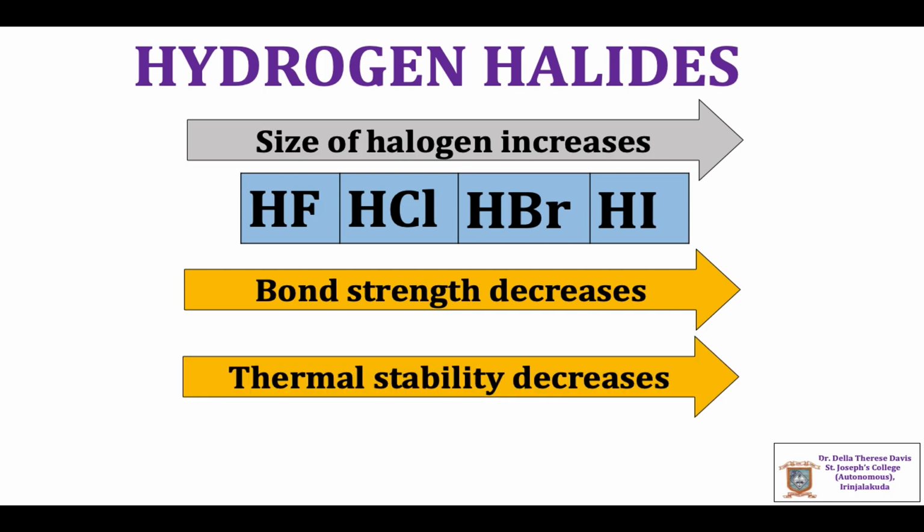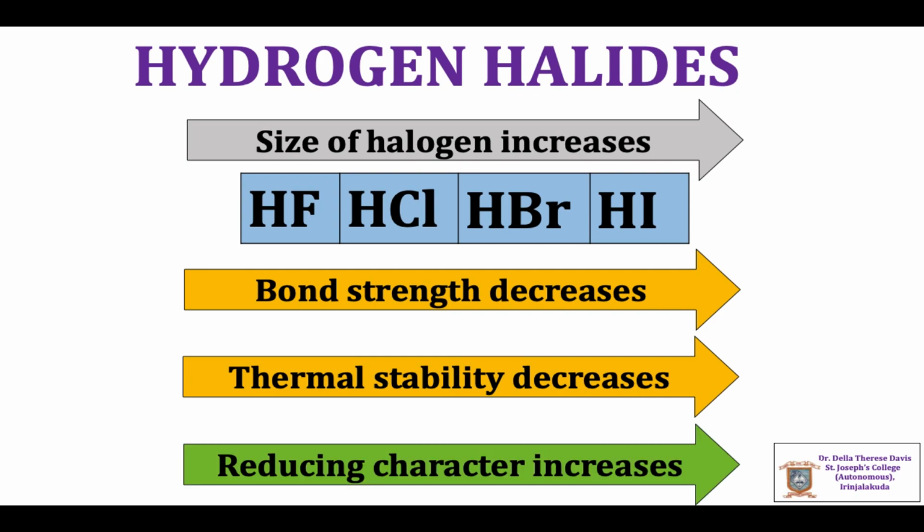As the bond strength decreases, thermal stability also decreases, and thus the reducing character increases. Hence HI shows the strongest reducing character.